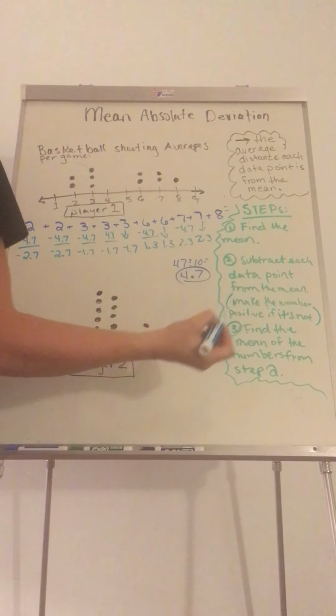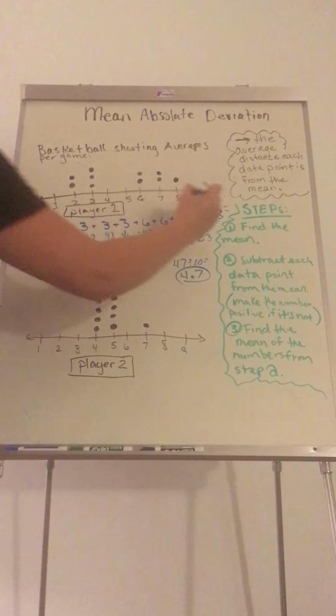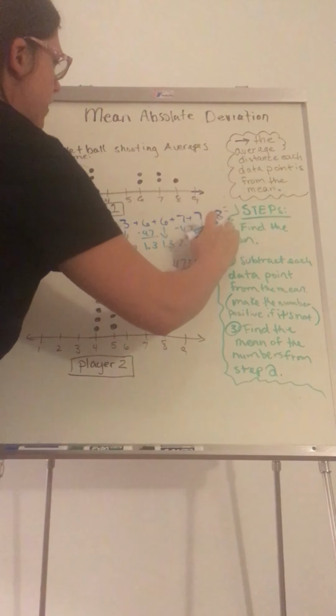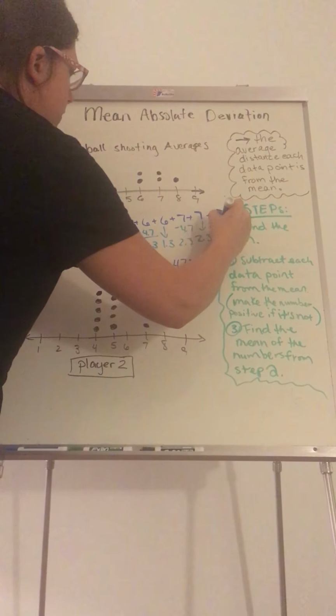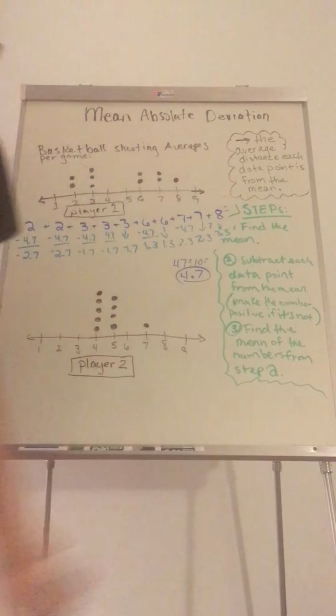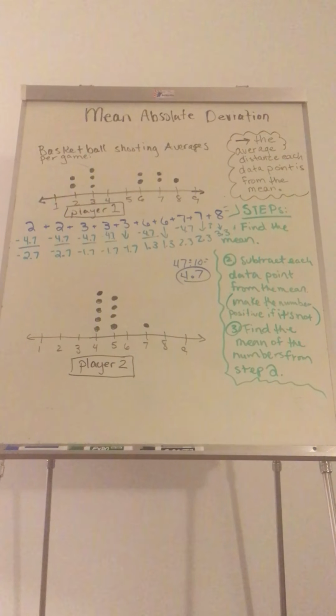And 8 minus 4.7 is 3.3. Sorry, it's a little hard to see here. Let me erase that. It is 3.3.